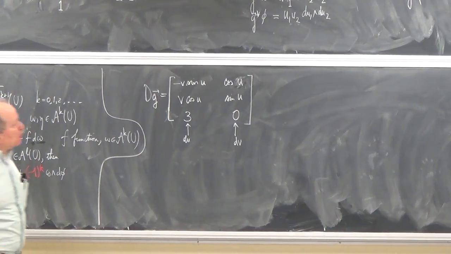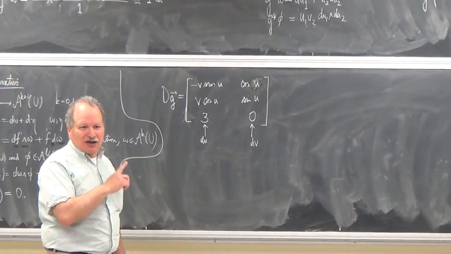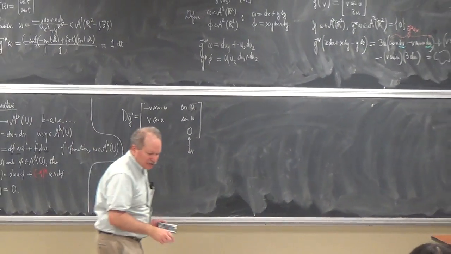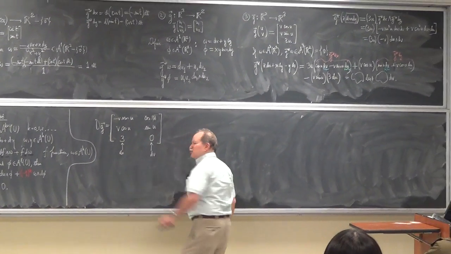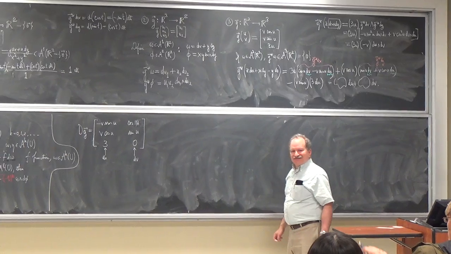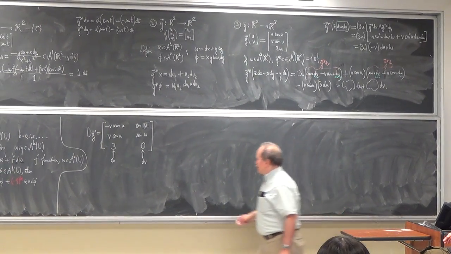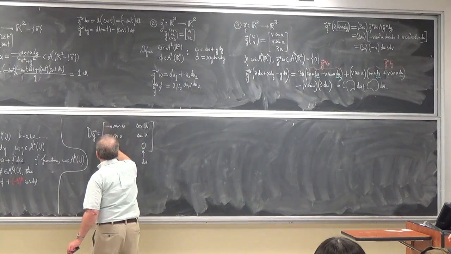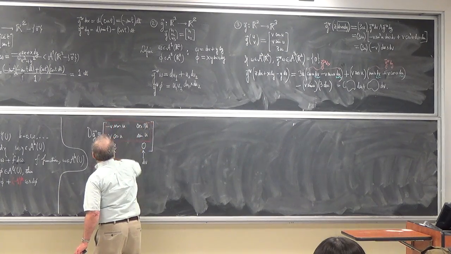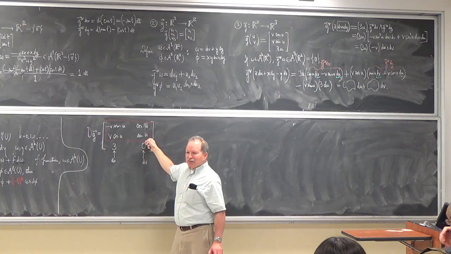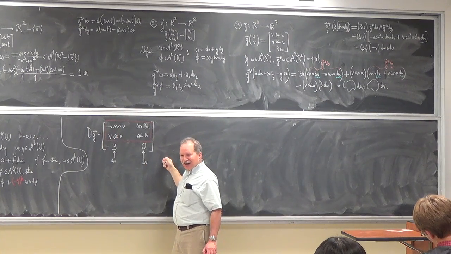What did you do when you pulled back dx and dy and wedged them? In terms of this matrix, we took the determinant of the top two lines. There you go. So when you pull back dx wedge dy, you're getting the determinant of that piece of the matrix times du wedge dv.